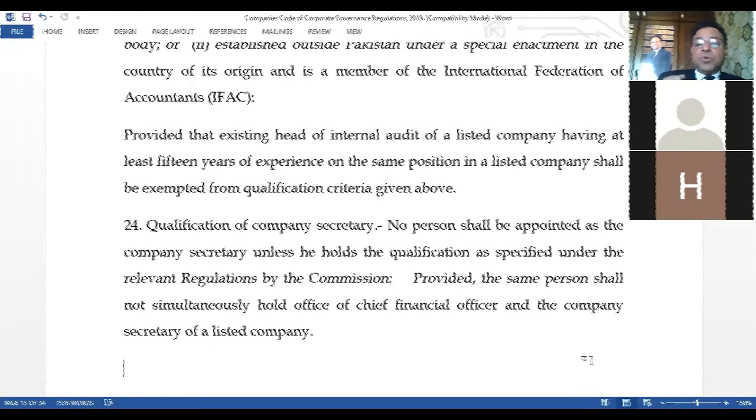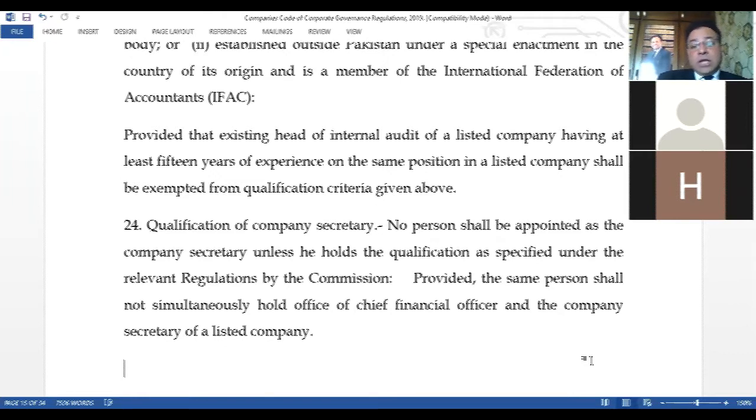If both offices are given to one person, that may undermine the role in the other capacity. So in order to do things in an appropriate and accurate manner, this embargo is placed in law, that one cannot hold both offices of chief financial officer and company secretary.